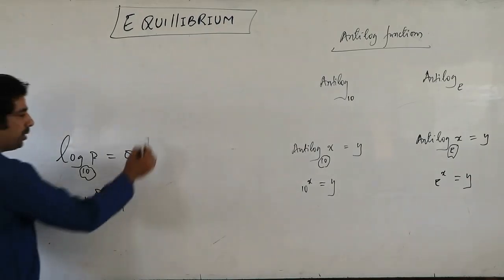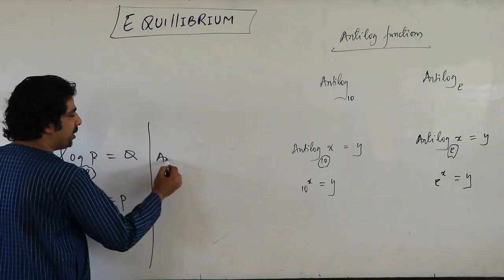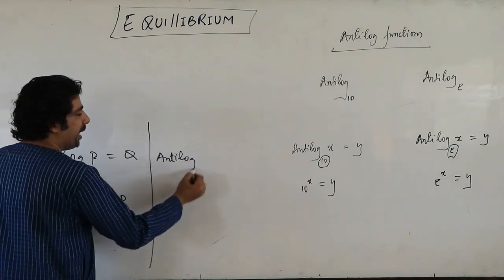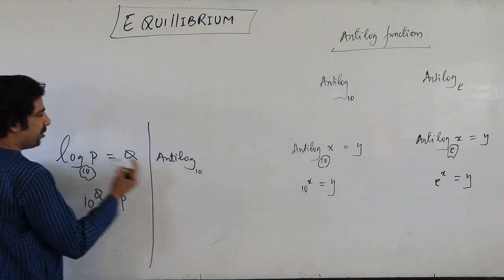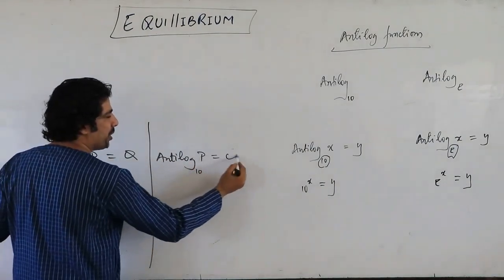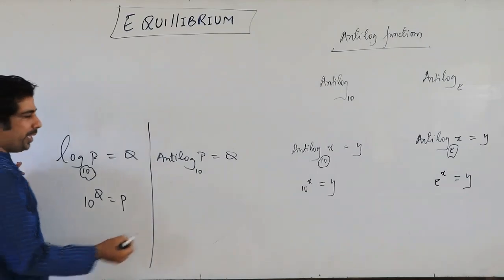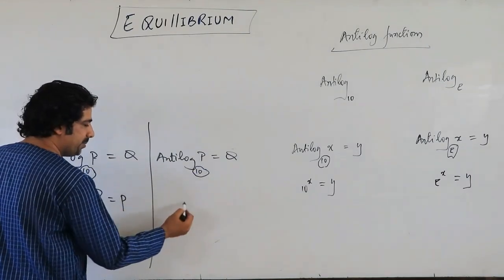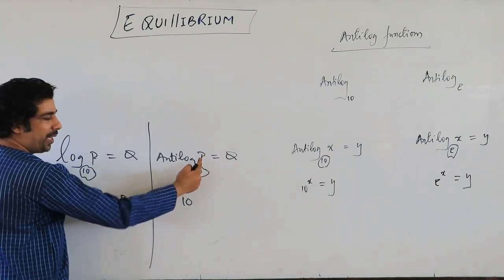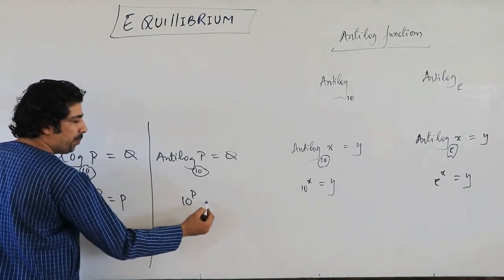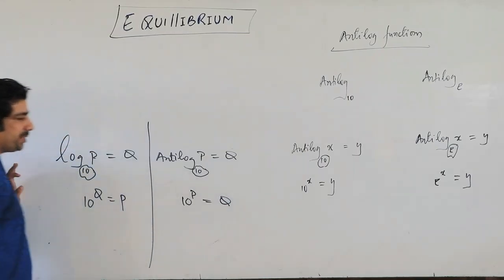This is about log. But when I compare it with antilog, try to understand. Antilog, what is the base of antilog here? Let us suppose 10. And let me write down the same expression, p is equal to q. Here we take the base 10, and q will not come as a power. Now p will come as a power. So 10 to the power p is equal to q, my dear friends.